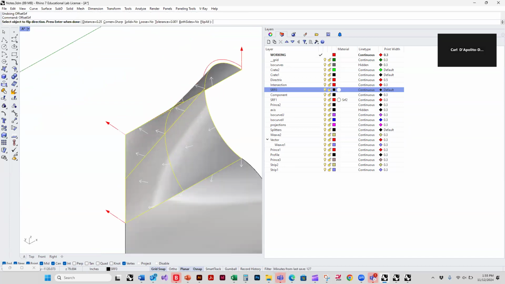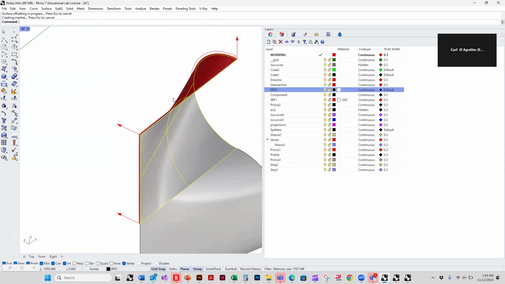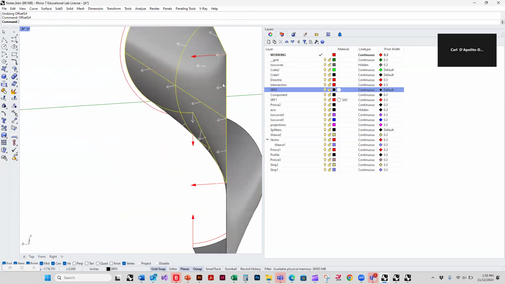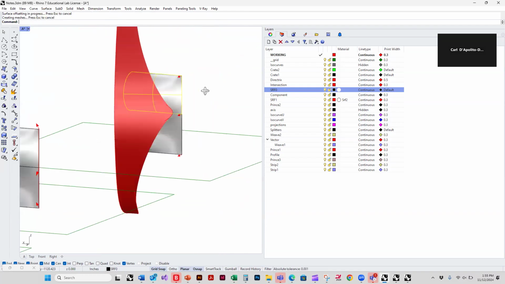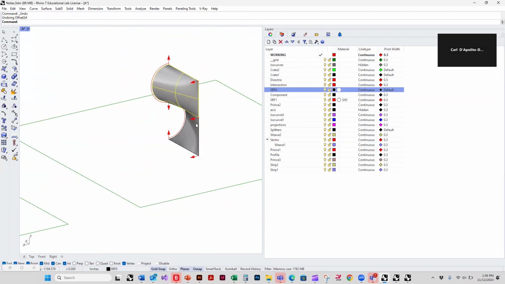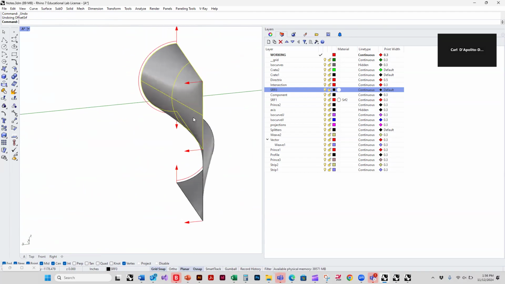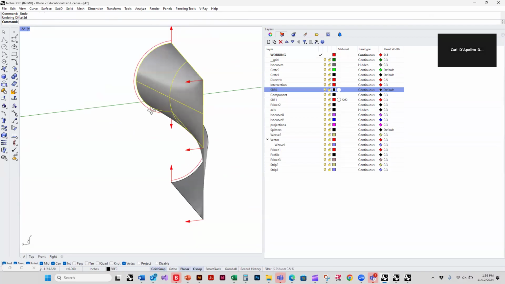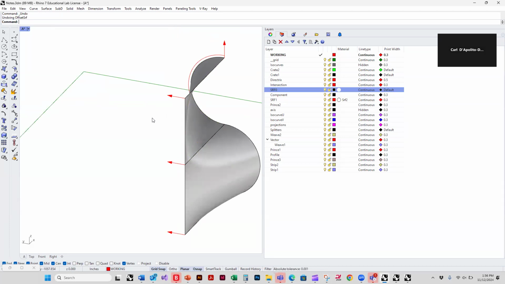If I try to offset this by a lot, it will eventually get strange. It'll not be very like the surface anymore, okay? So sometimes, I mean, that's ridiculous, I'm just exaggerating, but sometimes I will manually create an offset, and even though it is not following the surface, it is not a direct offset, it works better.